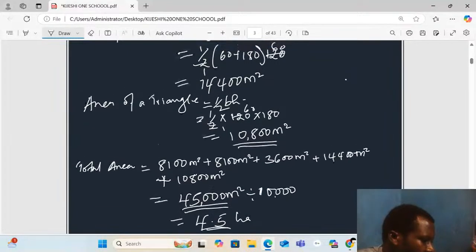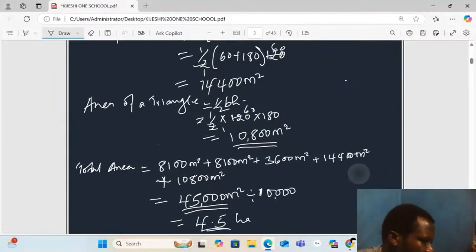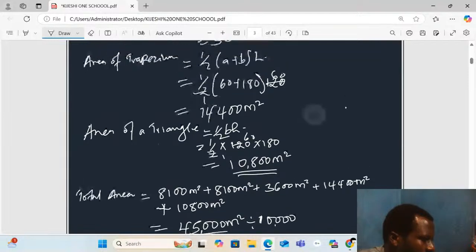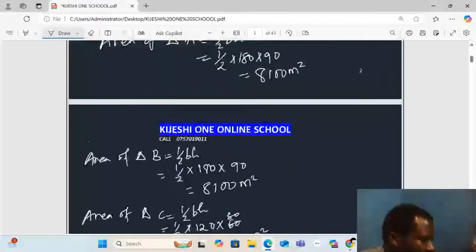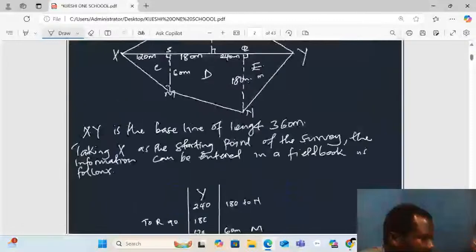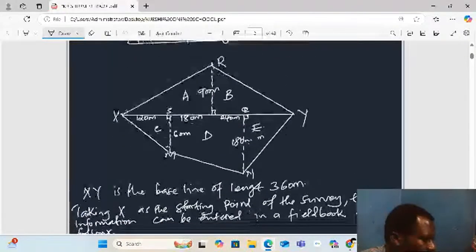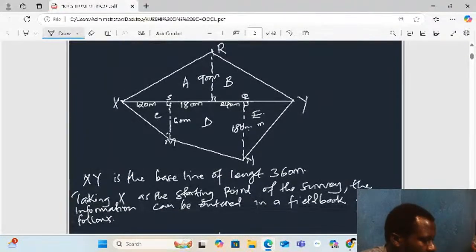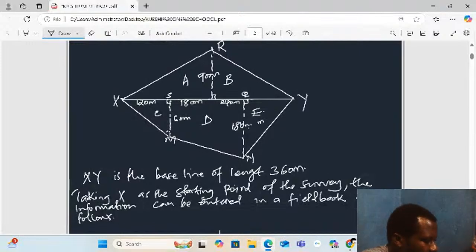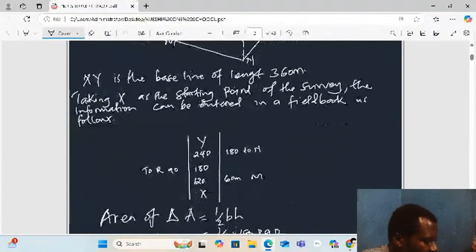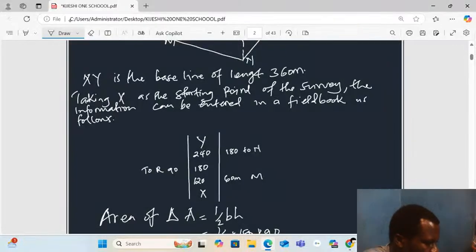So that is how we find the area of that irregular shape, as you can see. When you survey, you can represent it on a field book. This is what we call the field book. You can be given the field book, then you are expected to draw.